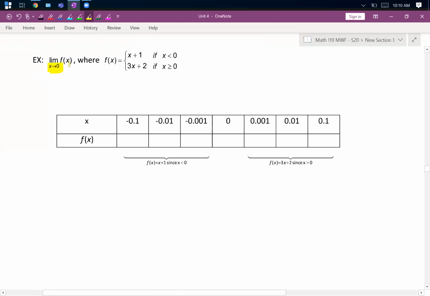We're approaching 0, but you'll notice that our piecewise function is split up over 0. As we approach 0 from the left-hand side, we're technically less than 0, so we'll be using the x plus 1 to answer those ones. And when we're approaching 0 from the right side, we're greater than 0, so we'll be using the 3x plus 2 to answer those ones.